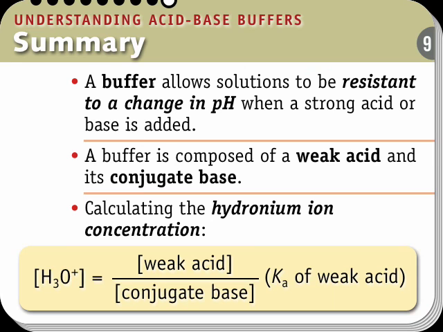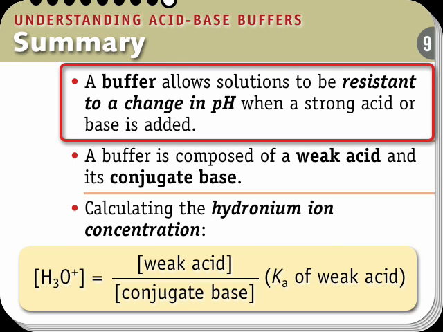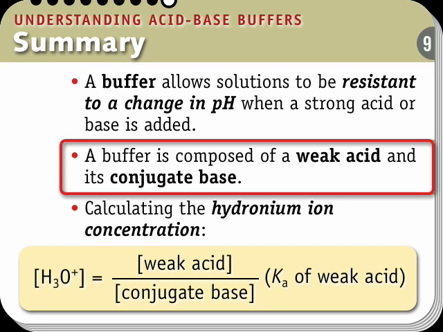In summary, here are some important points regarding buffers. A buffer allows solutions to be resistant to a change in pH on adding a strong acid or base. They work because the weak acid of the buffer reacts with any added base, and the conjugate base of the weak acid reacts with any added acid.